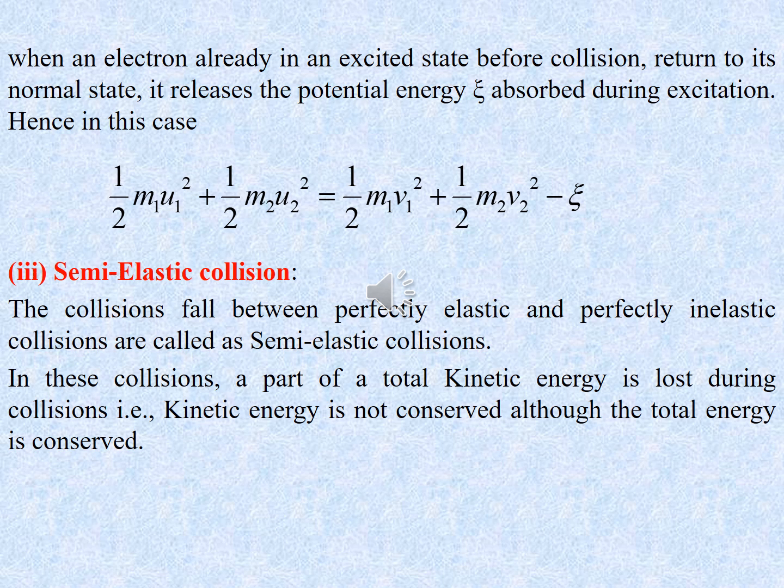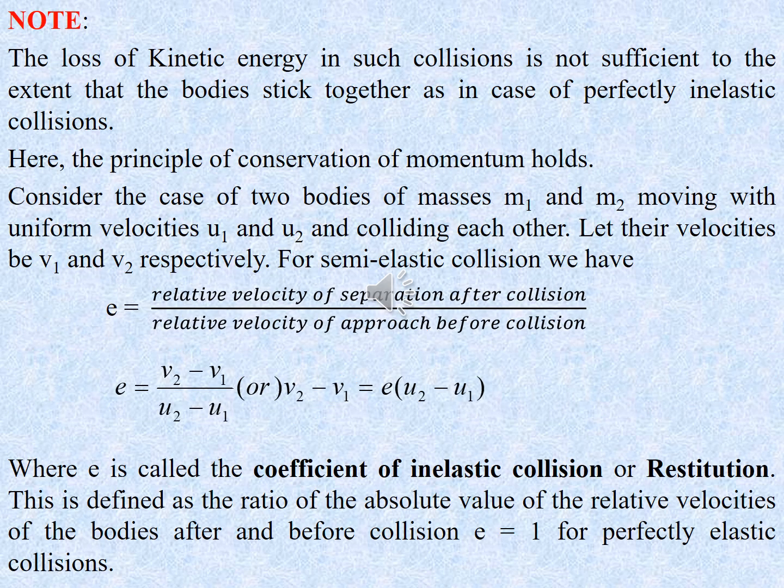That is, kinetic energy is not conserved all through, but the total energy is conserved. The loss of kinetic energy in such collisions is not sufficient for the bodies to stick together, as in the case of a perfectly inelastic collision.